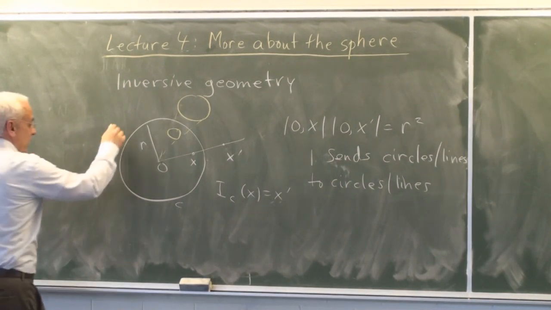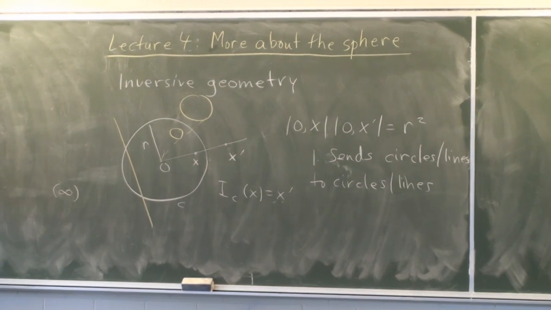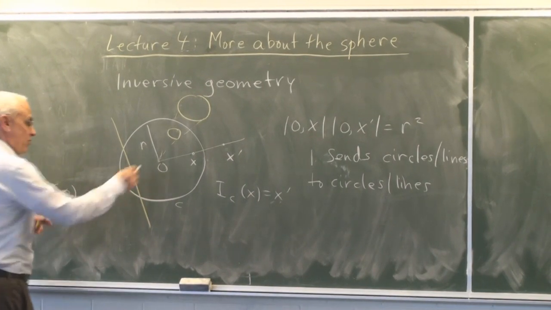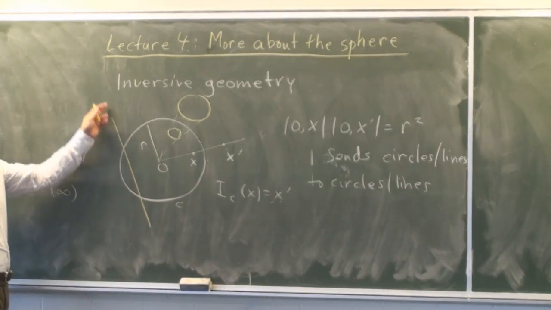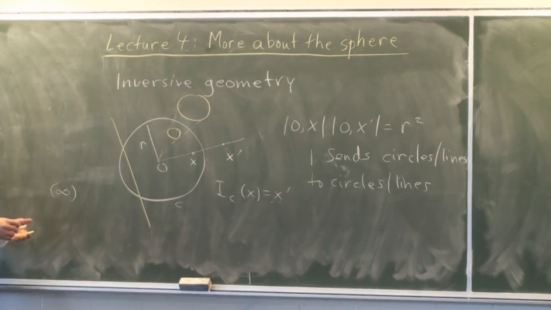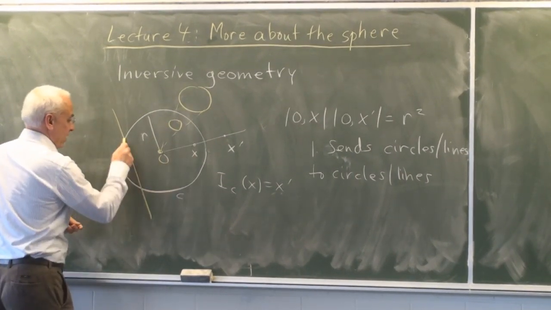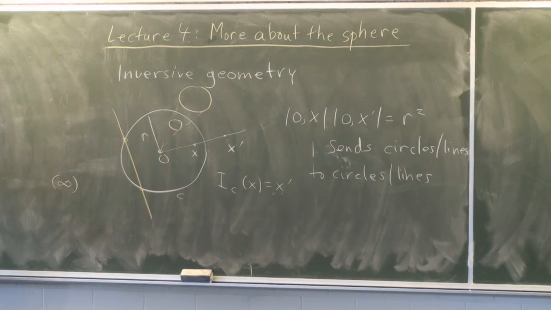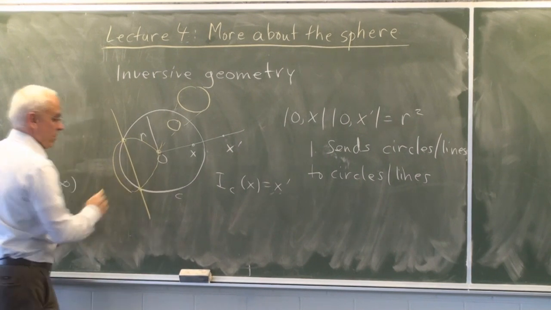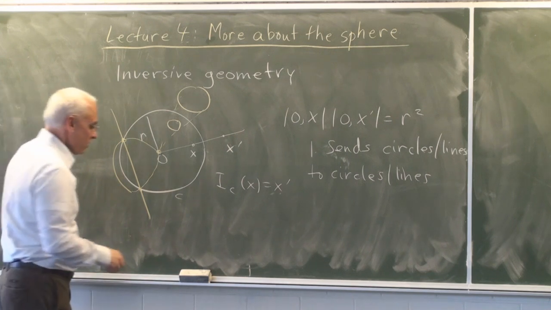And if we have a line, say this one here, then its image is going to be also a circle. It's going to be a circle, however, that goes through the origin, because this line kind of meets this extra point at infinity, and that's sent to the origin. So the image of this is going to be a circle which is going through this point, and this point, and this point, and there's only one such circle, and so that's what it must be. So that's the first property.